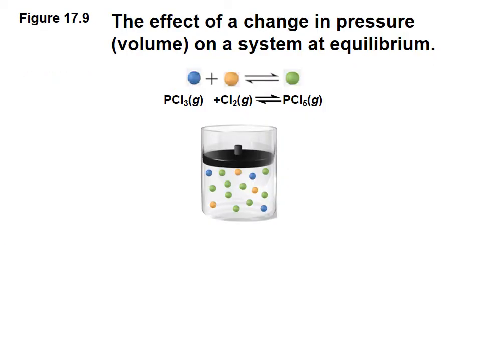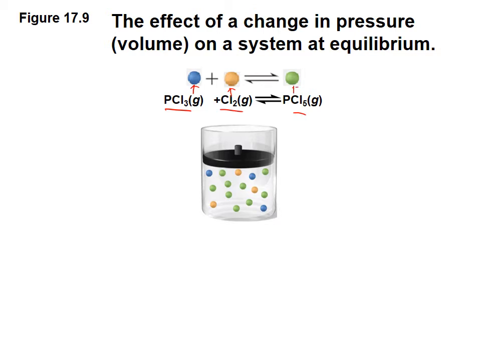Le Châtelier's principle can also be used to study the effect of pressure on a system at equilibrium. Let's use the same reaction as an example. Phosphorus trichloride is represented by the blue ball, chlorine by brown, and phosphorus pentachloride by the green ball.